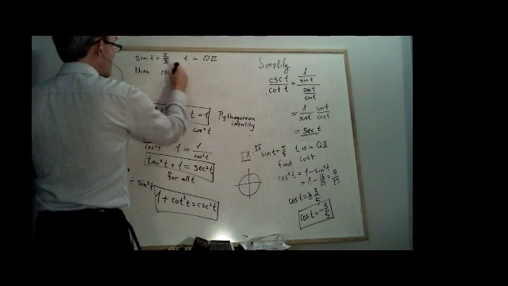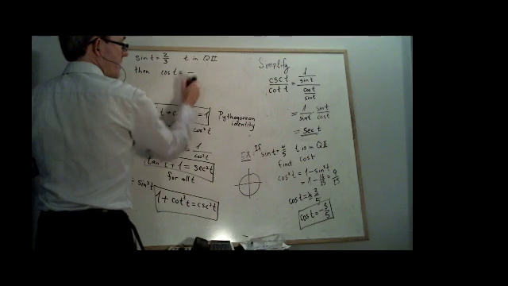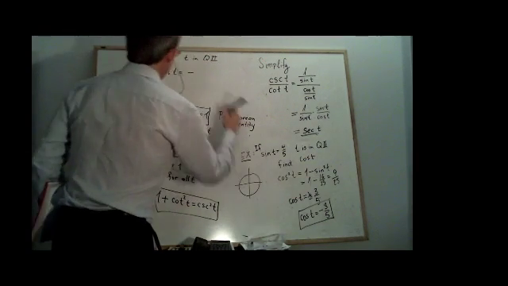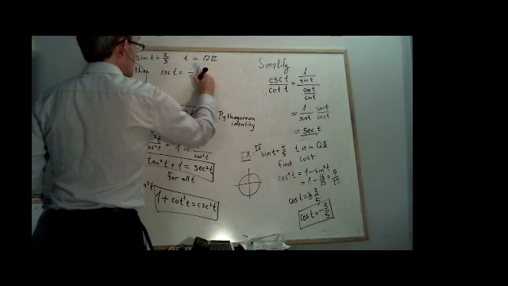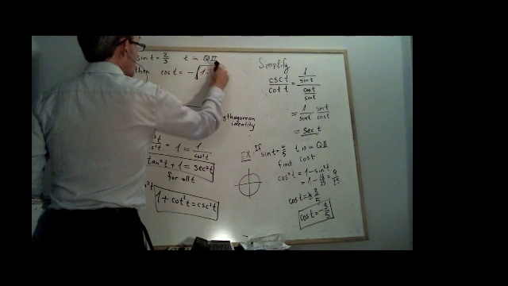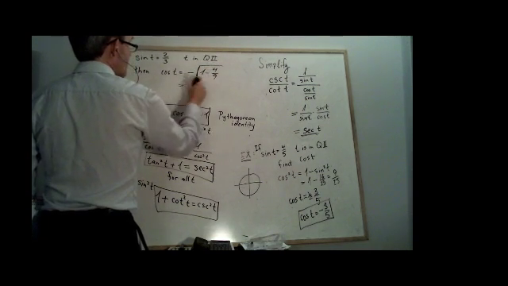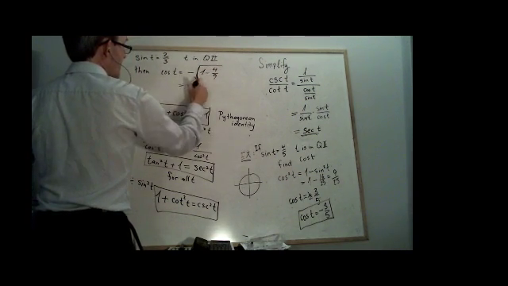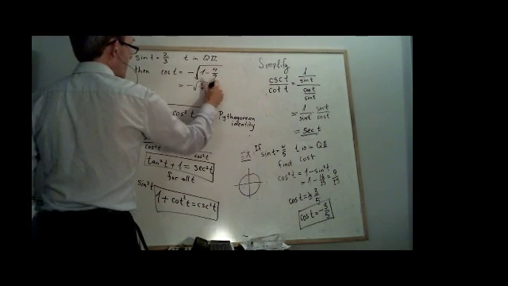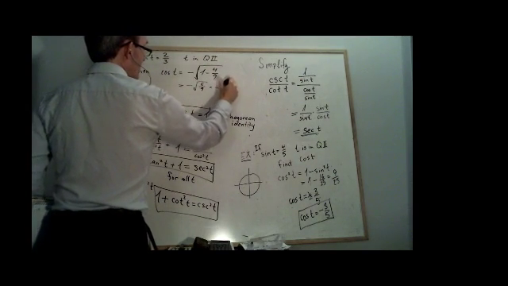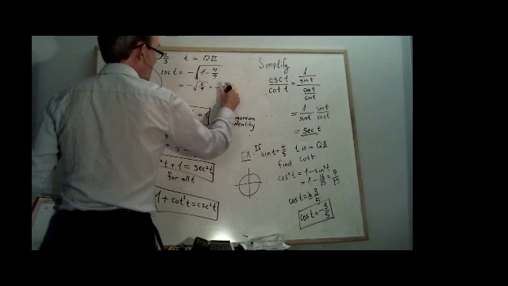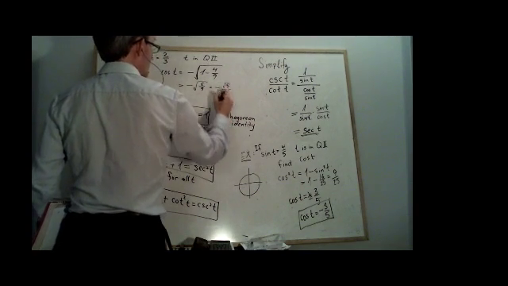Well, you'll see that it gives us minus the square root of 1 minus 4 over 9, which will be 5 over 9, square root. It's a positive square root here now. So that will be minus root 5 over 3.